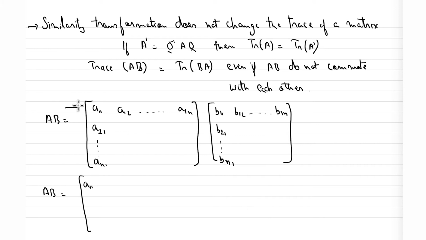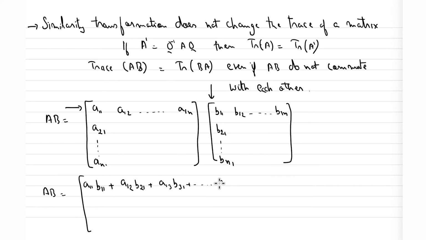So I will take this row and this column and multiply the corresponding elements to write the first element, right? So A11 B11 plus A12 B21 plus A13. This you all are very well aware of.